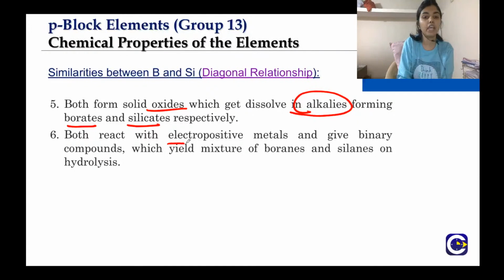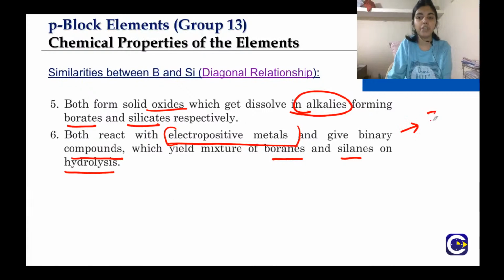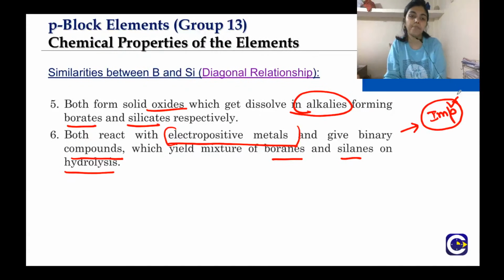Now, they both react with electropositive metals and give binary compounds which yield a mixture of boranes and silanes on hydrolysis. Now this is important. You will get more information about this when we study the compounds of boron.